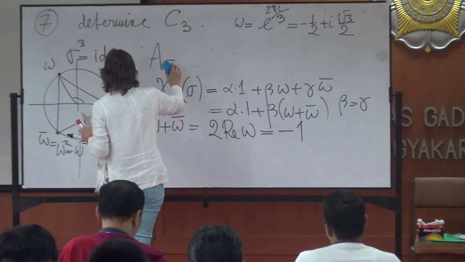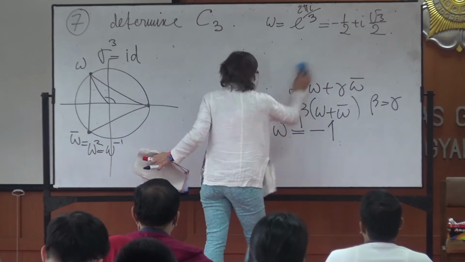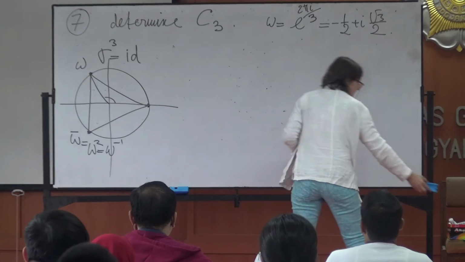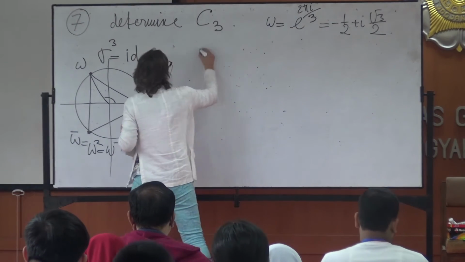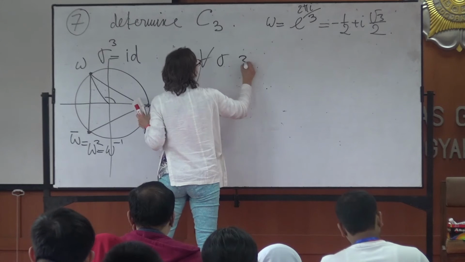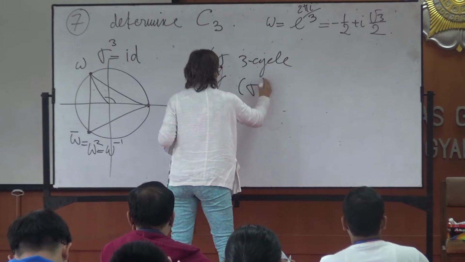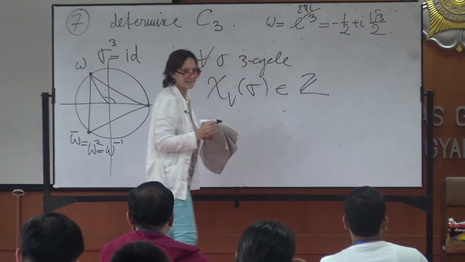So this discussion implies that on every 3 cycles, not only is the character real, but it is actually an integer. So for every sigma 3 cycle, chi v of sigma will be an integer.